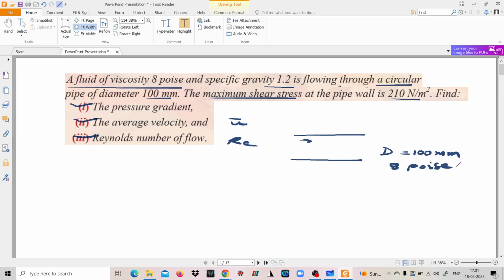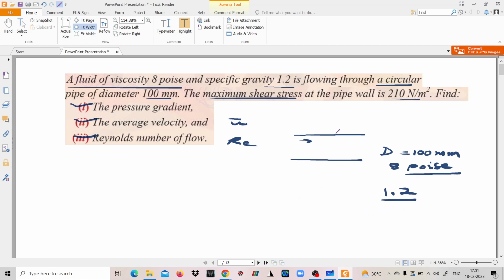If it is 8 poise, you first tell me whether it is dynamic viscosity or kinematic viscosity. Poise is a CGS unit, so you see whether it is dynamic or kinematic viscosity depending upon the unit. The specific gravity is given, which is 1.2, so the density is not given directly, and it is a circular pipe.